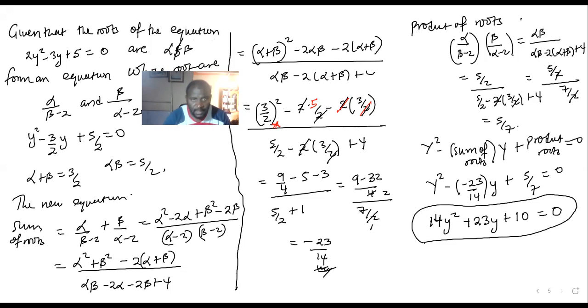Okay, there it goes. Teacher, where did you get alpha minus 2 alpha plus beta? Where did I get alpha minus 2 alpha and the sum of the roots?